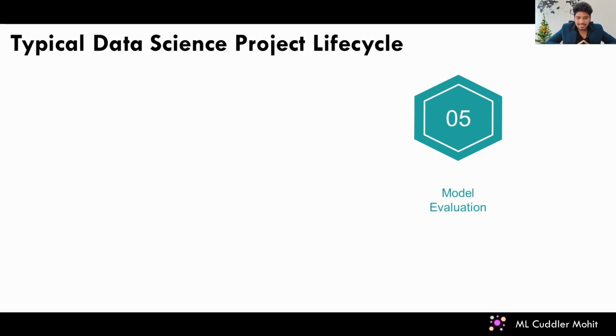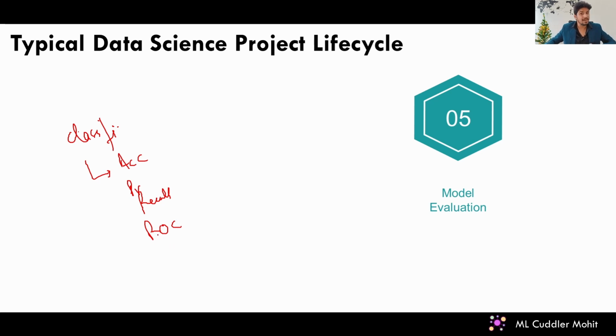Now the fifth step is model evaluation, guys. For model evaluation, it will depend on what kind of algorithm you are building, whether you are solving a classification problem. For this case, we have different metrics to evaluate our model, like accuracy, precision, recall, ROC, area under the ROC curve.